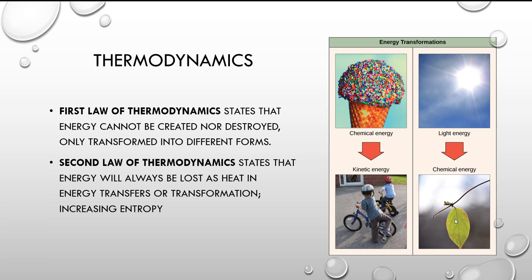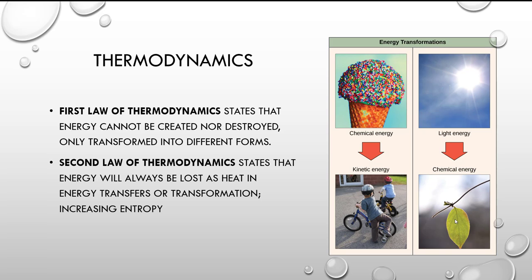So every time you have a chemical reaction occur or an energy transfer occur, it's not going to be a 100% transfer. So if I take 1,000 watts of energy from coal and transfer it into electricity, I'm not going to get 1,000 watts of electricity from that.